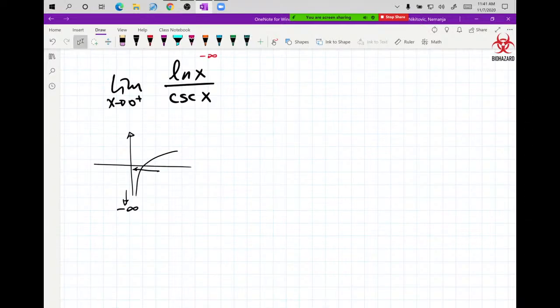Now, what's happening with the cosecant? Well, cosecant is 1 over sine, which means that I'm supposed to draw a sine over here, then put the vertical asymptotes at every 0. And when I have the vertical asymptote at every 0, all I need to do is to invert these cups like this. There we go. Then delete the sine. And this is my cosecant graph.